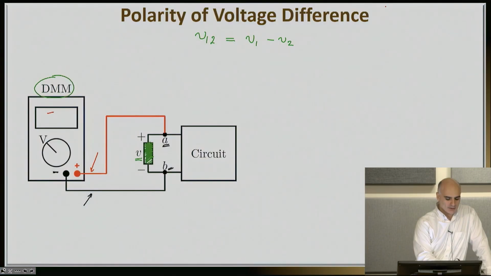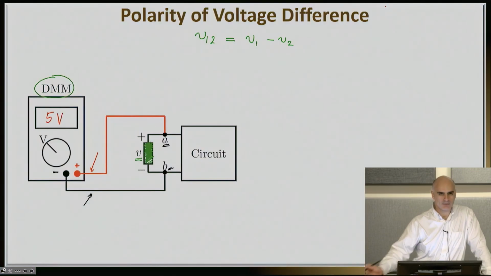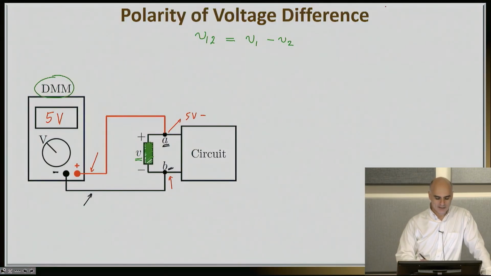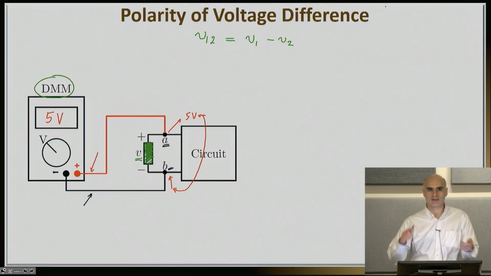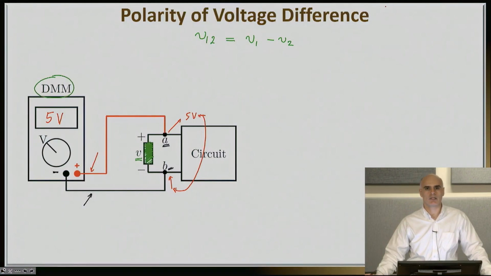If the result of your digital multimeter is, let's say, 5 volts, then it simply means that indeed point A is 5 volts higher than point B, which is down here. You don't know exactly what point A and point B are, but you know that the difference between the 2 points is 5 volts, and you also know that point A is higher than point B.